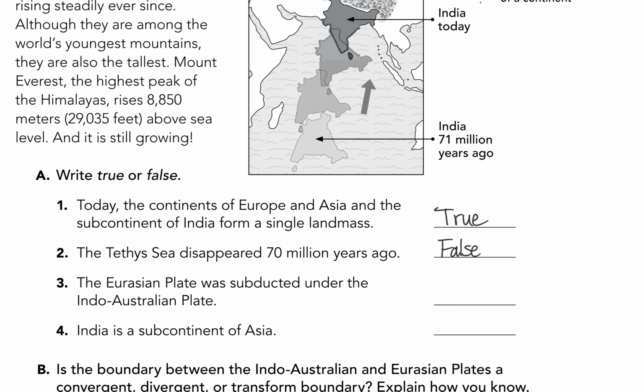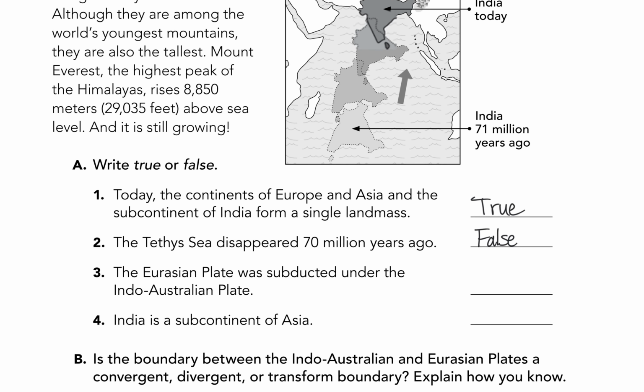We think it disappeared about 50 million years ago. The Eurasian plate was subducted under the Indo-Australian plate. That is false. It's reversed. The Indo-Australian plate subducted under the Eurasian plate. And then India is a subcontinent of Asia. That is true.